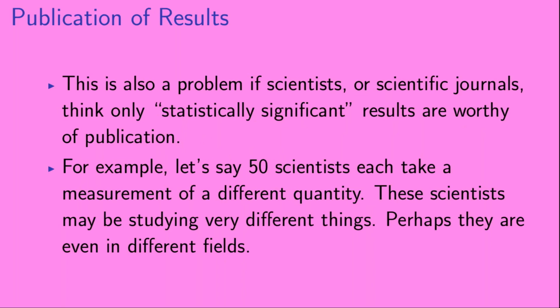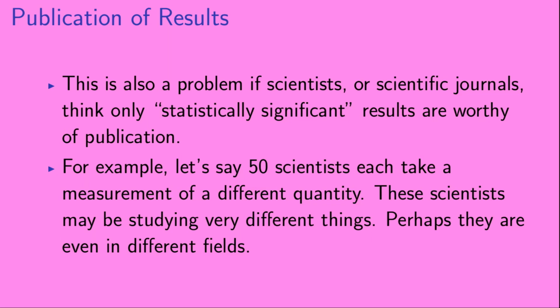This is also a problem if scientists or scientific journals think only statistically significant results are worthy of publication. For example, let's say 50 scientists each take a measurement of a different quantity.